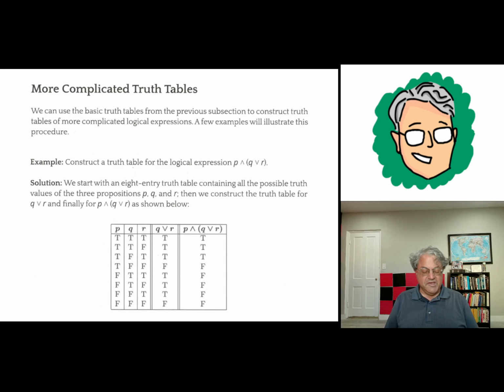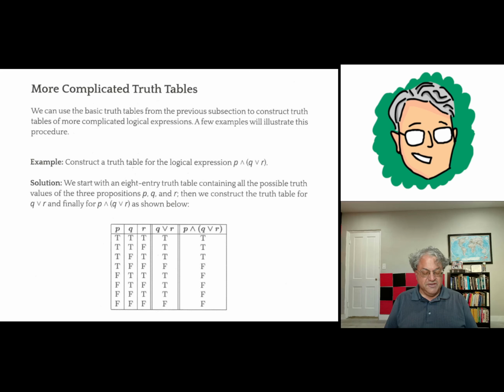And then to get P and (Q or R), you just take the conjunction with P. So you look at the column P now and the column Q or R, which we just made. And we know that P and (Q or R) is true if and only if they're both true.